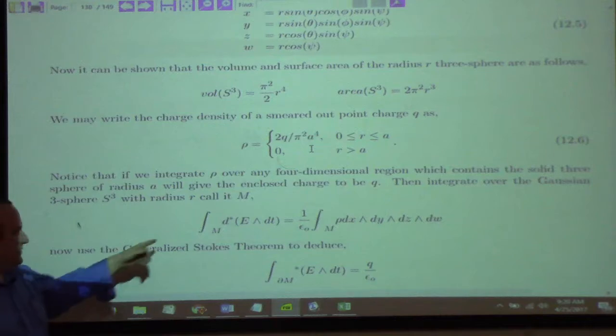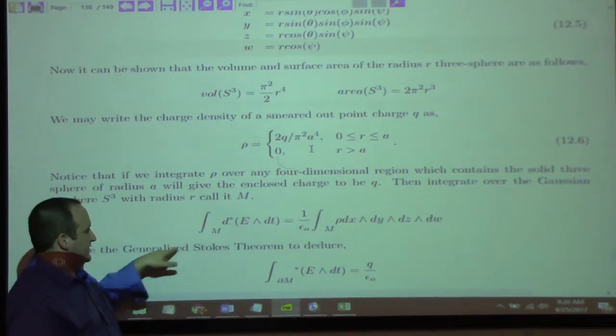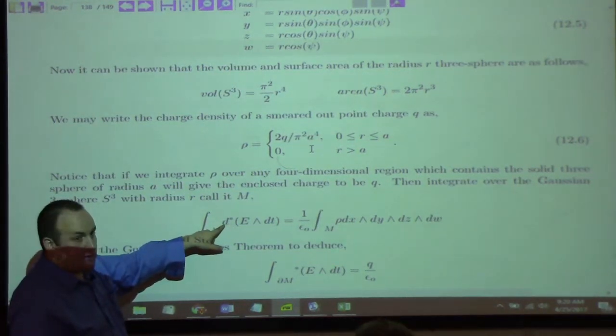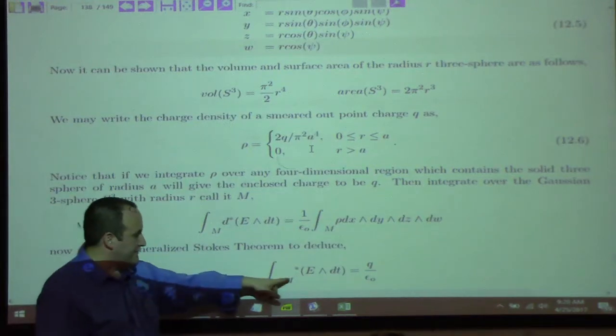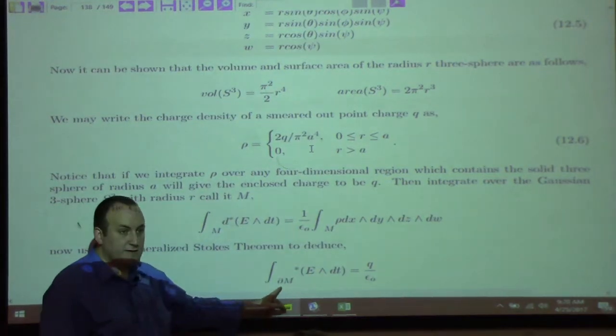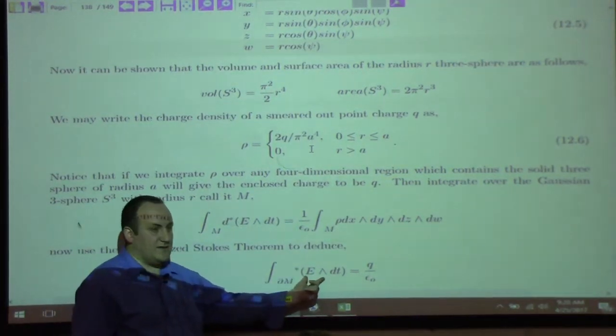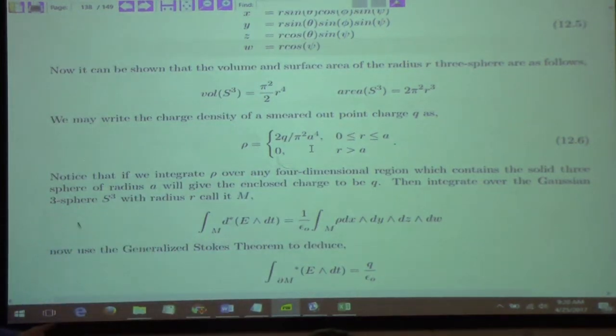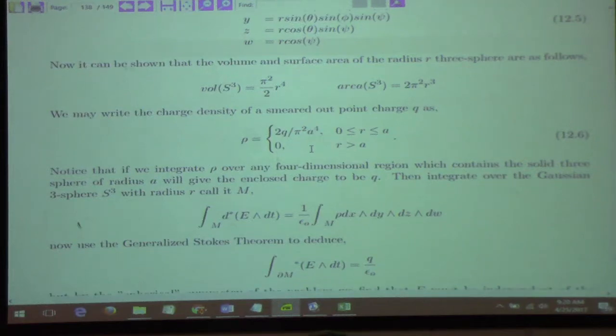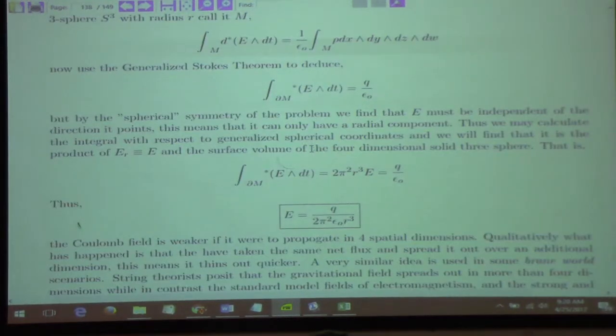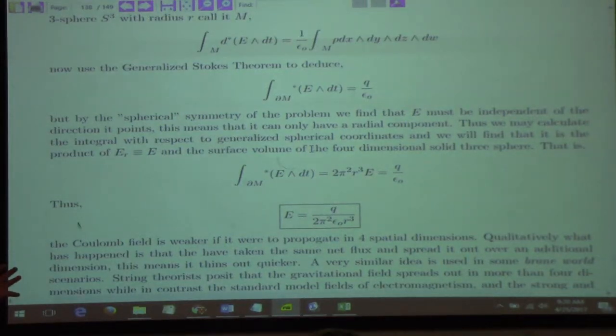On the other hand, by the generalized Stokes theorem, I can trade this exterior derivative over the bulk for the form over the boundary. And that gives you the flux of the electric field through this 3-volume. But you guys have calculated, in one of your homeworks, the volume of a sphere in 4 dimensions, right?